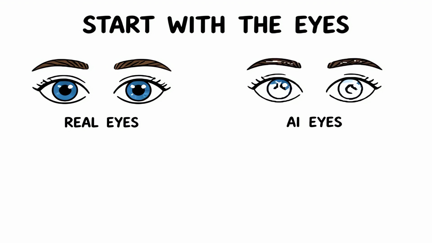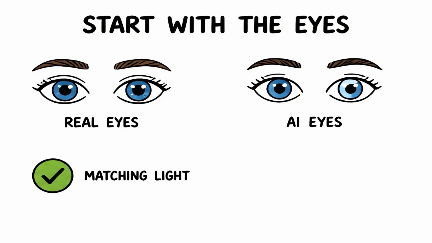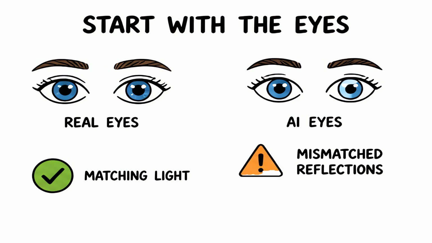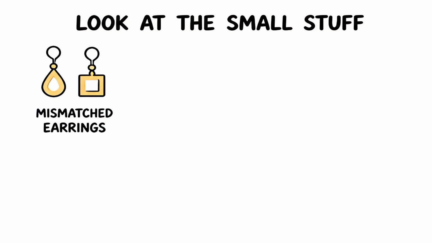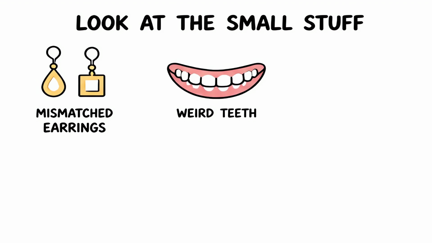So how can you spot these images online? Start with the eyes. Real eyes usually catch light in matching ways. AI eyes sometimes have mismatched reflections, or pupils that point in slightly different directions. Next, look at the small stuff.